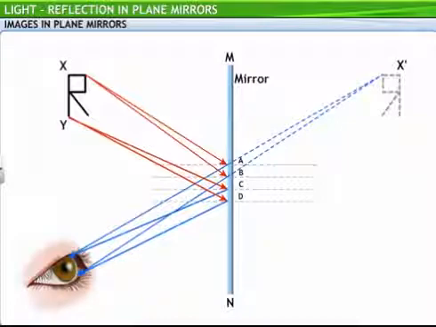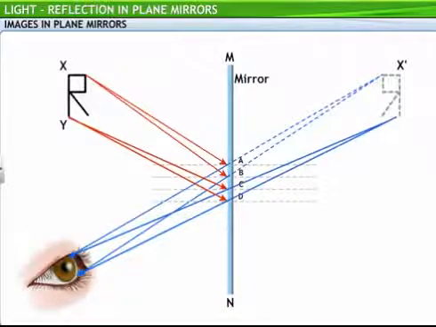Like the two reflected rays from A and B, the two reflected rays from C and D are divergent too, and when extended behind the mirror, meet at Y dash. Thus, Y dash is the image of point Y on the object. That's a lot of rays.